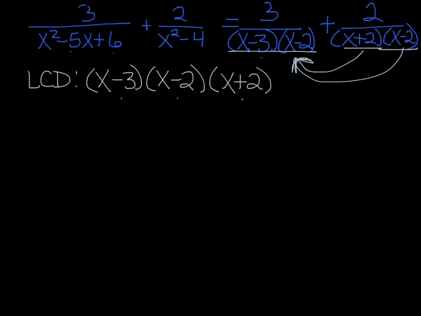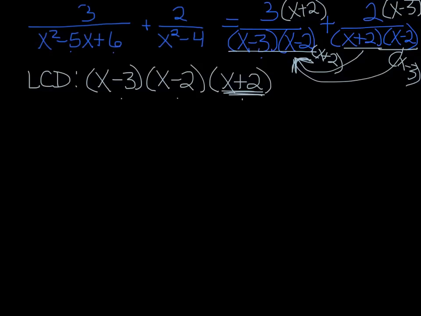We have one of everything now in our lowest common denominator. That means that this first fraction needs to be multiplied by x plus 2, top and bottom, so that I can have it in the bottom. And the second one needs an x minus 3, because it doesn't have that yet, top and bottom.